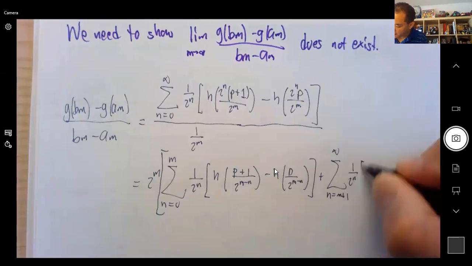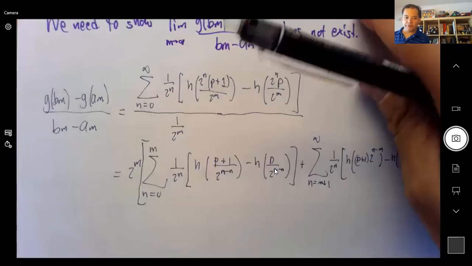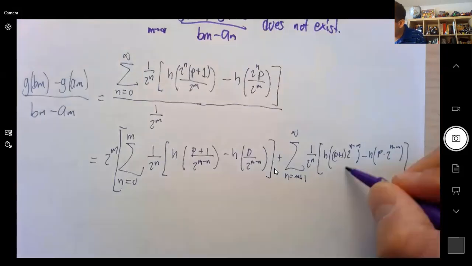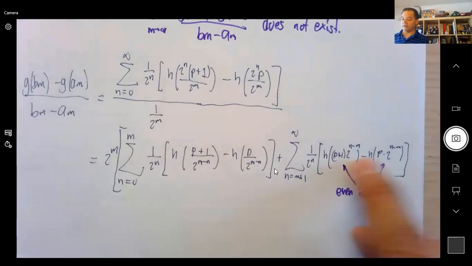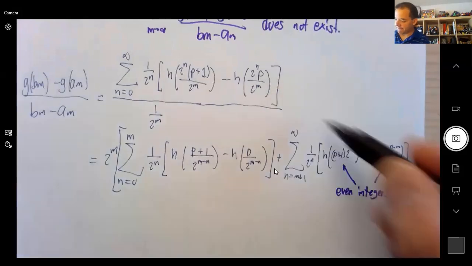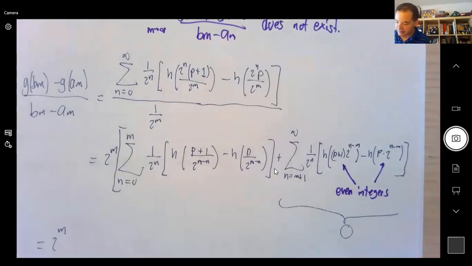So this should be h of p plus 1 times 2 to the n minus m minus h of p times 2 to the n minus m. And just as we were doing for the other problems, these are now even integers, and because they are even integers, h of them is 0. So all of these things cancel. So this is 0.